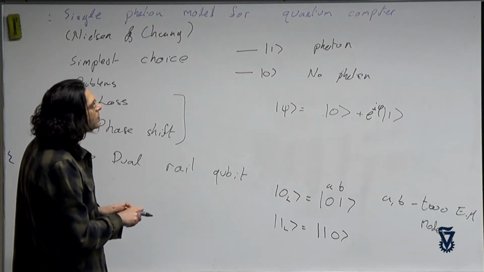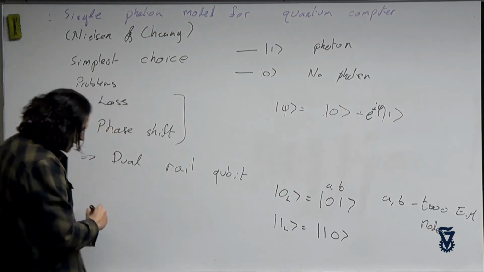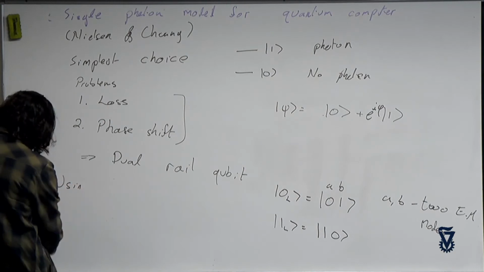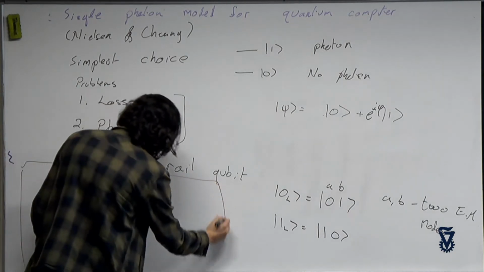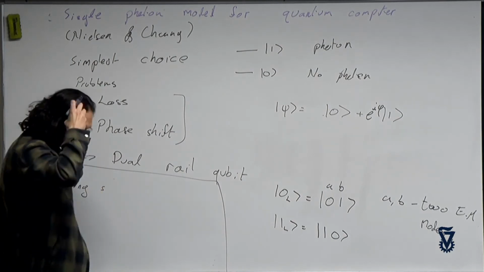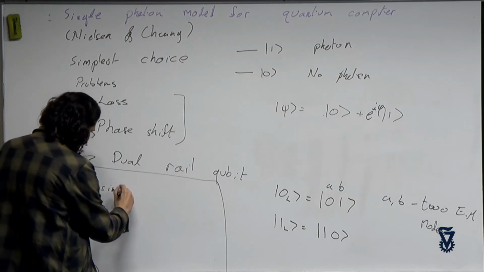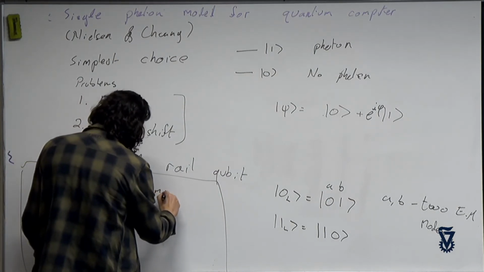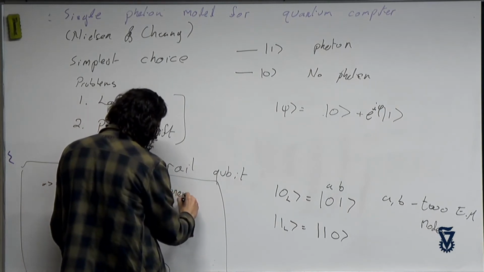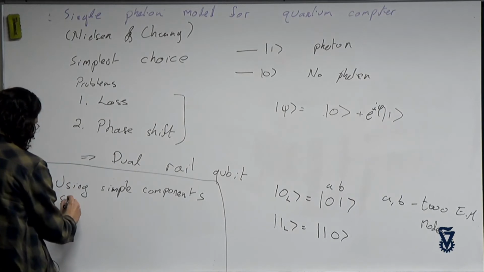So what we're going to do now, on the board, I'm going to show you that using simple components, I'll write down what these components are, we get single qubit control.